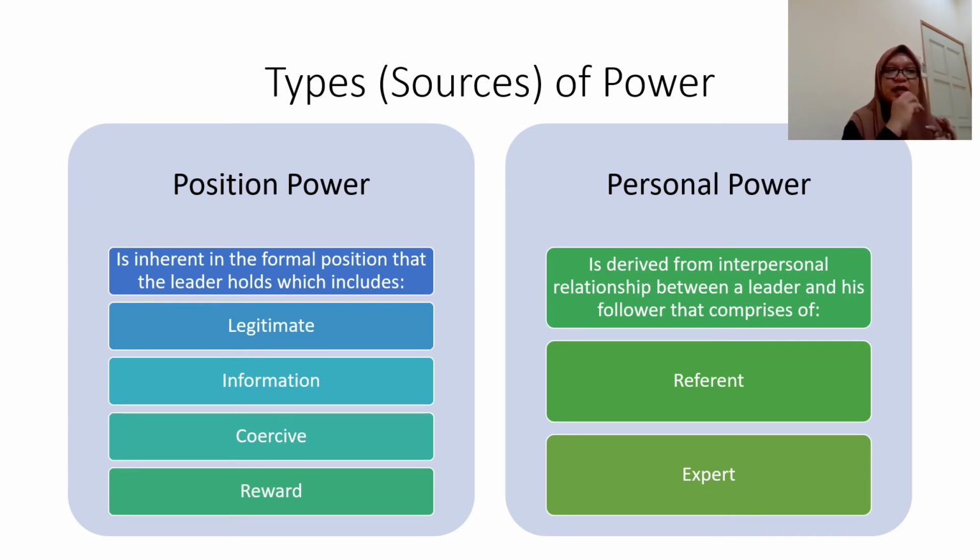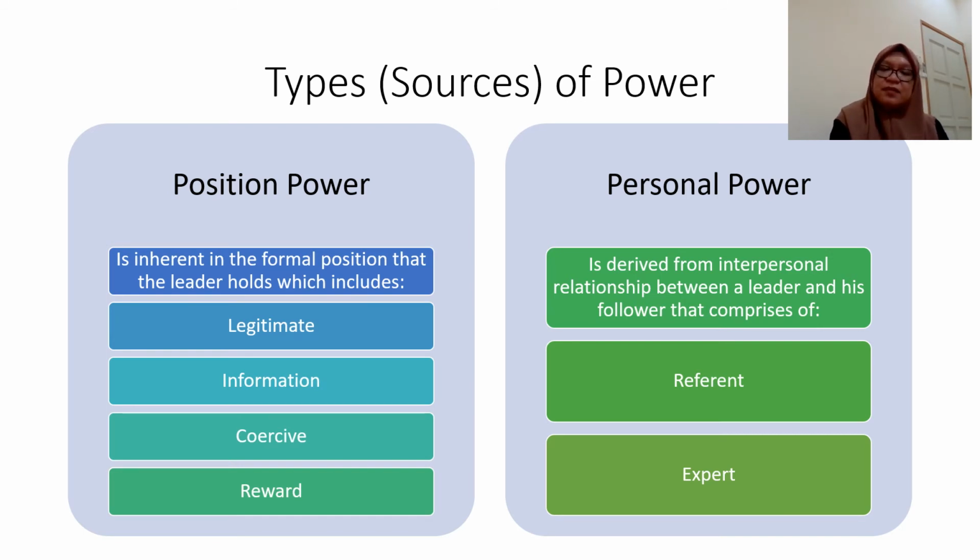As long as we are in that position in the organization, we will have the power. The position comes with the power. To get this power, you need to stay in that position.